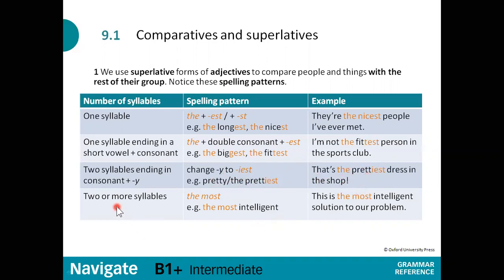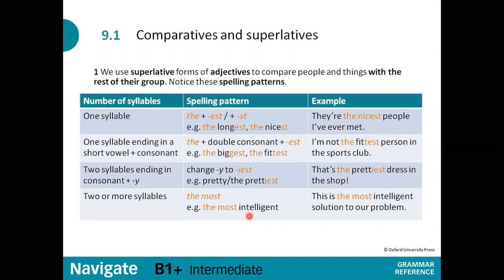And the last explanation, two or more syllables. So two or more syllables don't take est or st. They take most before them. And of course, you should use the. The most intelligent. So intelligent contains more than two syllables.